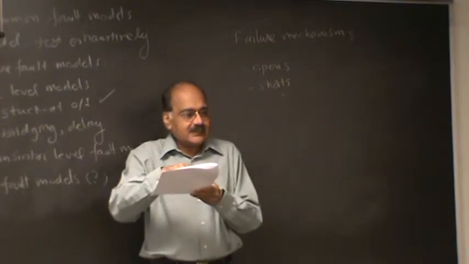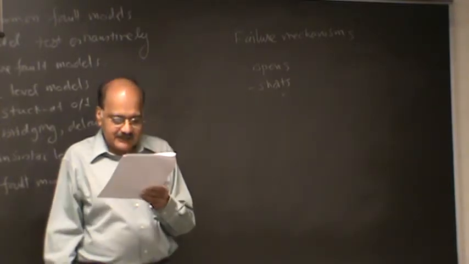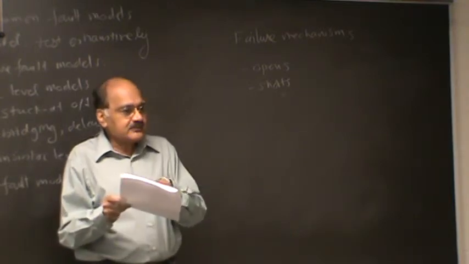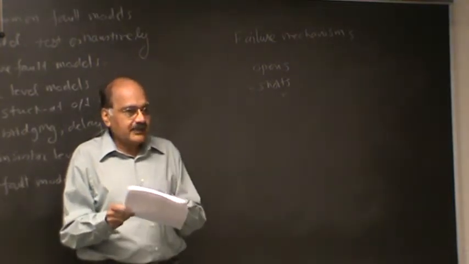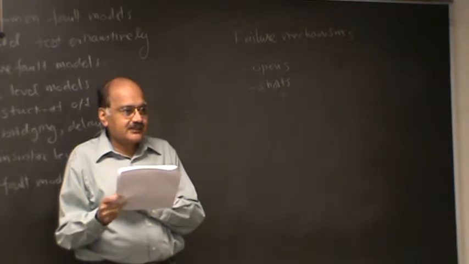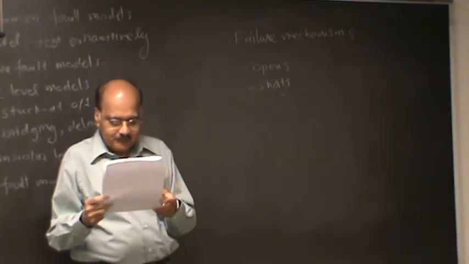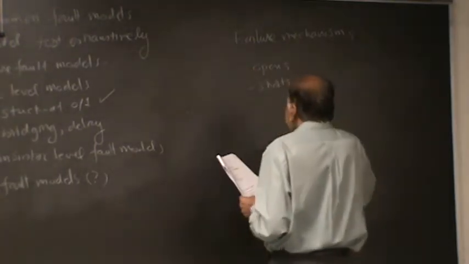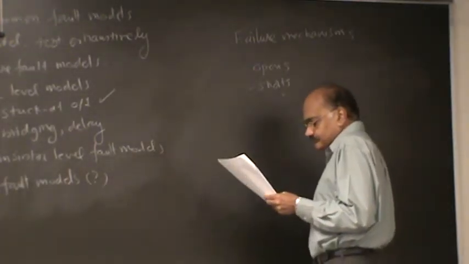So two things that are adjacent on the same chip may get connected. Or maybe during the soldering process, the stuff is soldered on a board and two adjacent things get connected together. So these are the two most common failure mechanisms, opens and shorts.